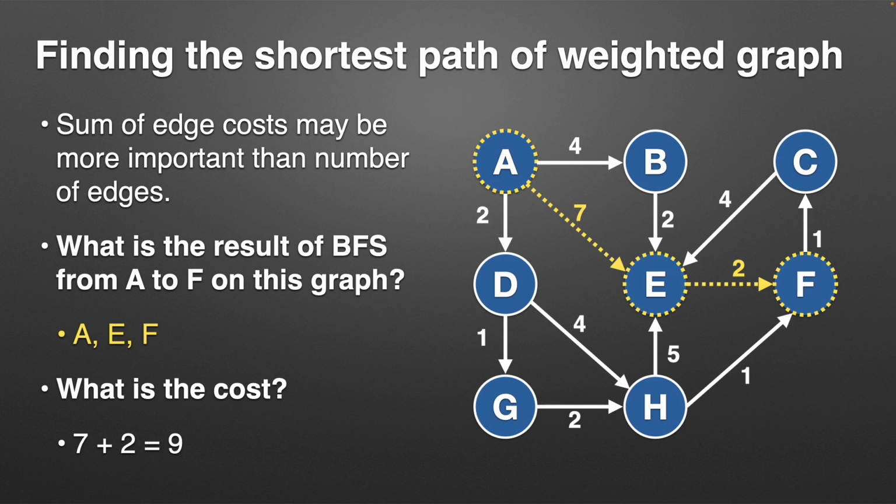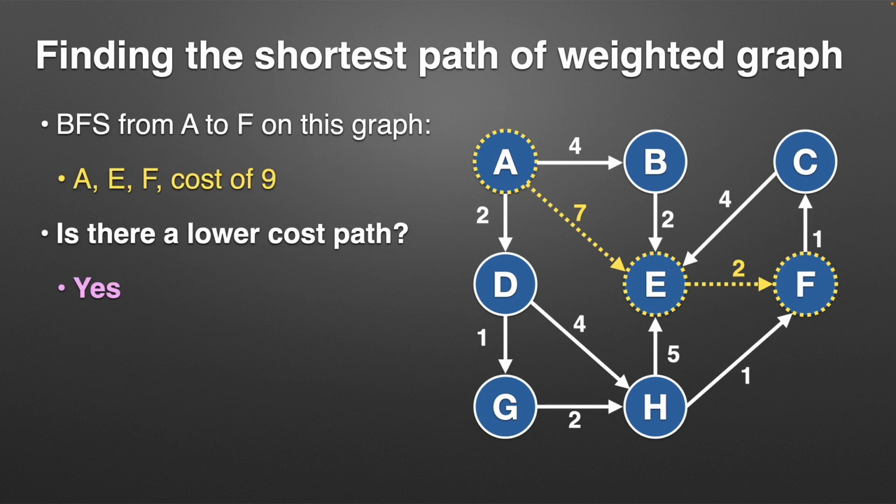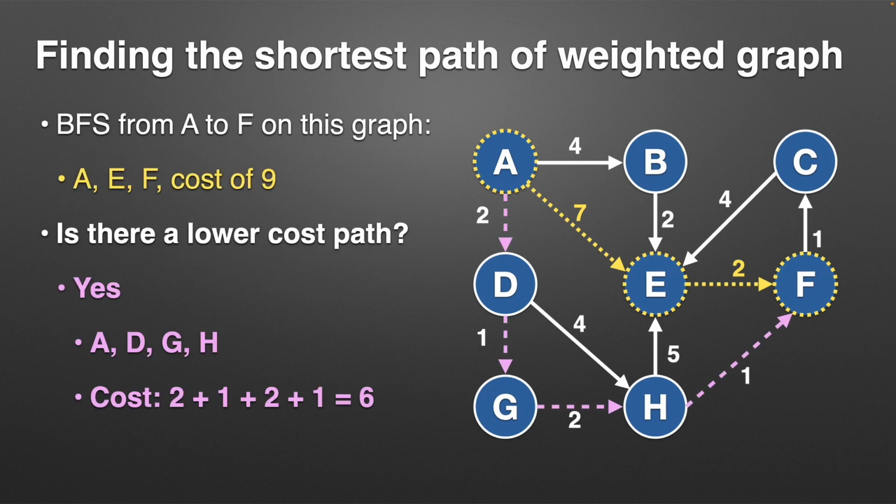Yeah. So even though it's much longer, if we come around here and we go from A to D to G to H to F, we can do that with a cost of 6. So we've gone through more nodes, more vertices, but our cost is lower.